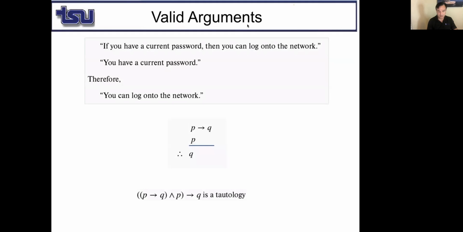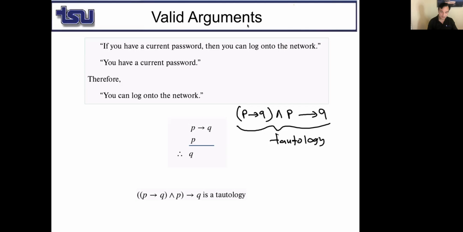So here, the first premise is P implies Q, the second premise is P, and this implies Q. As long as this is a tautology, that means it's a valid argument. How can I show that this is a tautology? That's very easy. I have P and Q: true true, true false, false true, false false. By the way, there are other ways to do it, but I'm just going to do it with a truth table so that you can also have some practice.